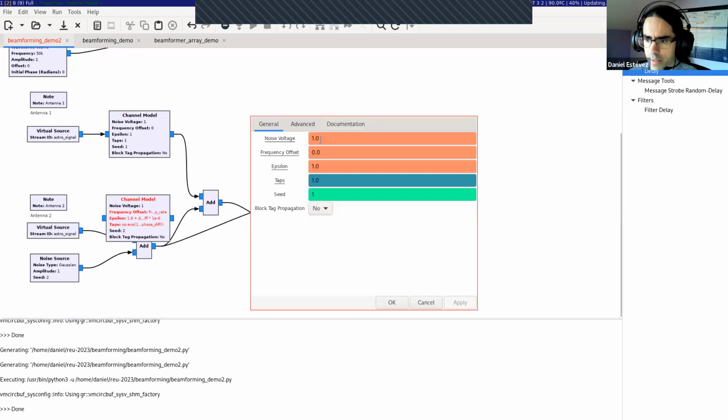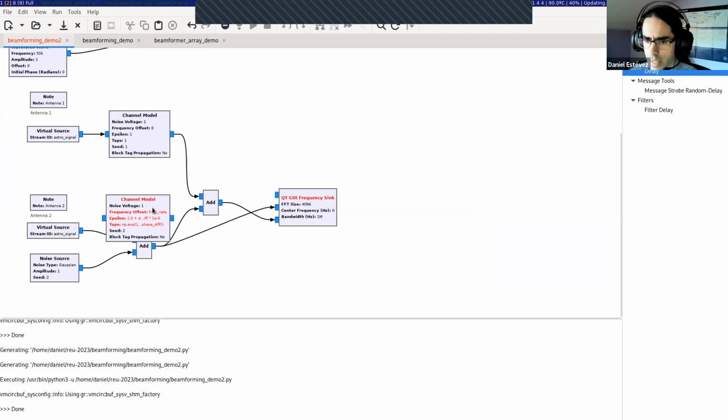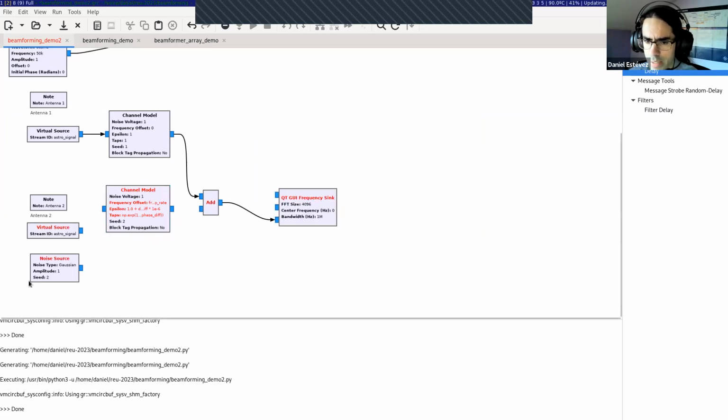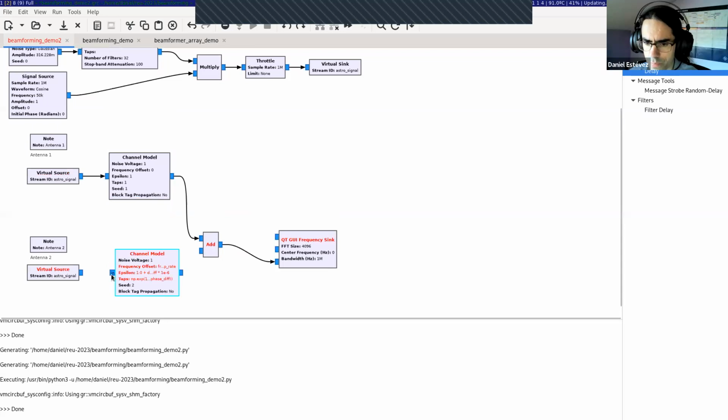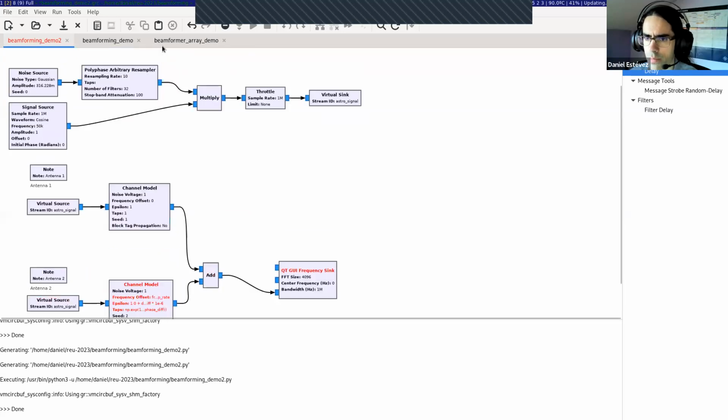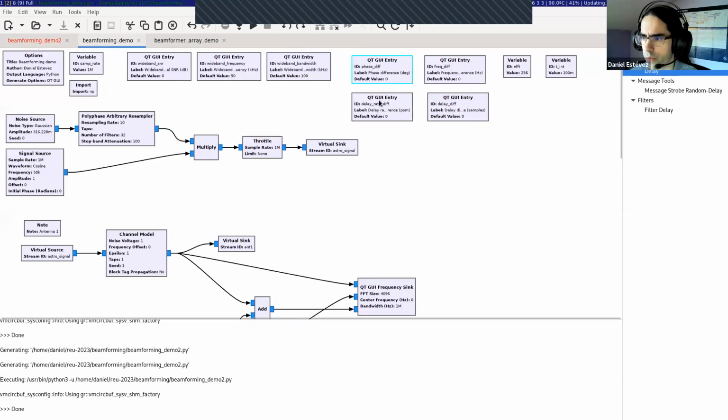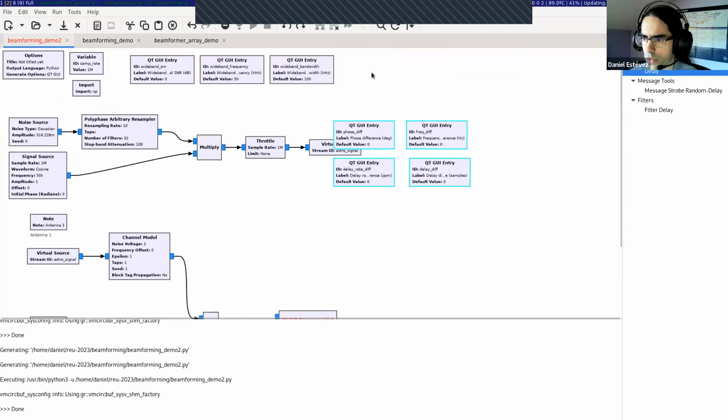So in here I'm just adding noise and keeping the parameters by default, to not change the frequency, not change the delay, not change anything else. In antenna 2, let's see, I also have some entries to be able to change these values from the GUI.